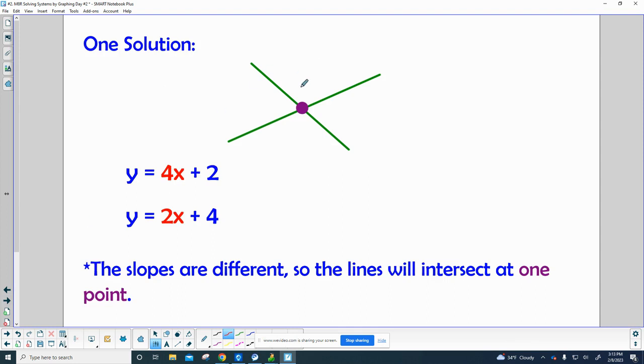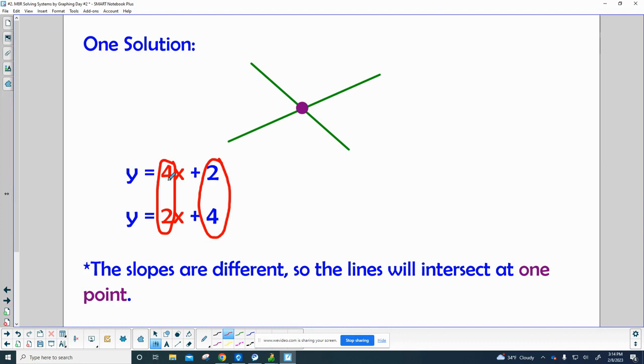So let's look at this. Here's a pair of equations, and if you graph them, they cross at one point, so that's considered to be one solution. If you look at their slopes, the slopes are different, and the y-intercepts are different.